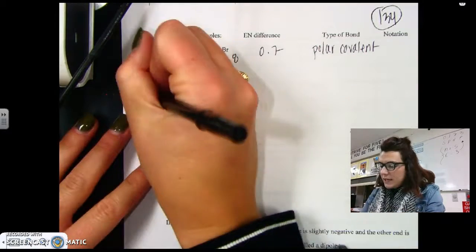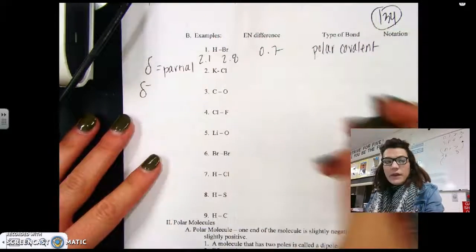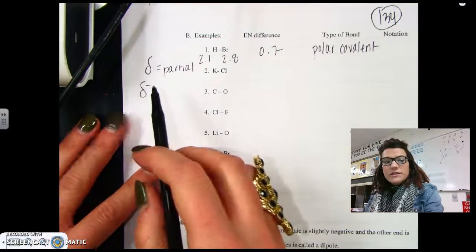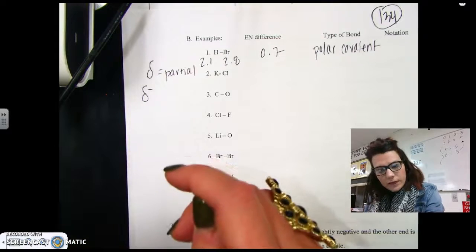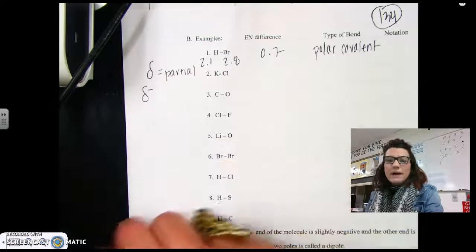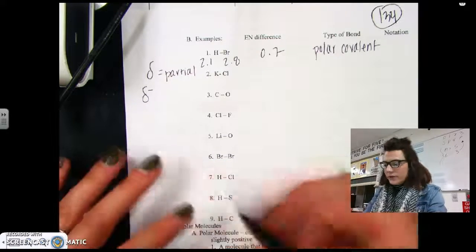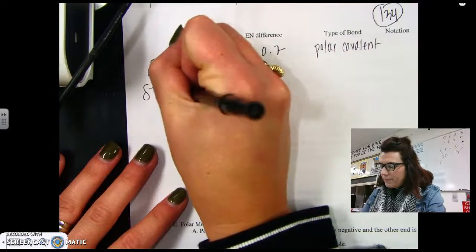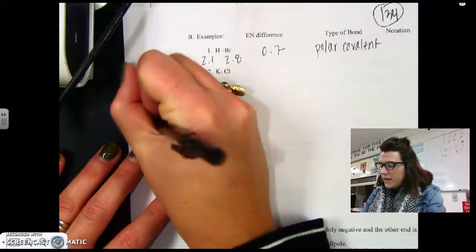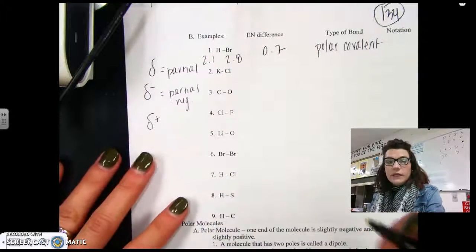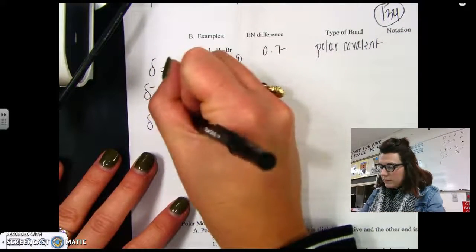So whenever I see something like this with a negative charge, this doesn't mean fully negative, it means partially negative, meaning that side of the atom is going to be more negative, okay? So this will be partially negative, where this obviously would mean partially positive.